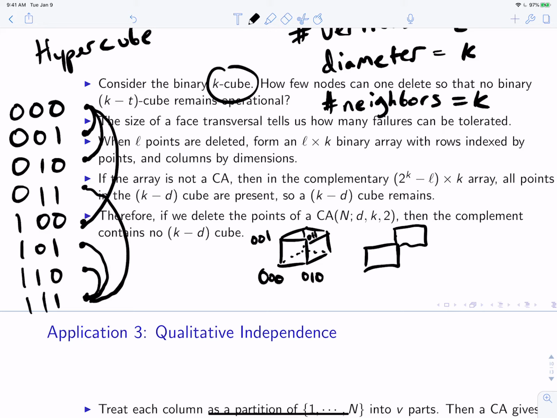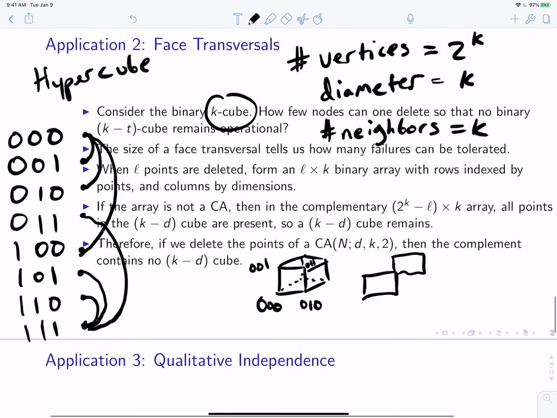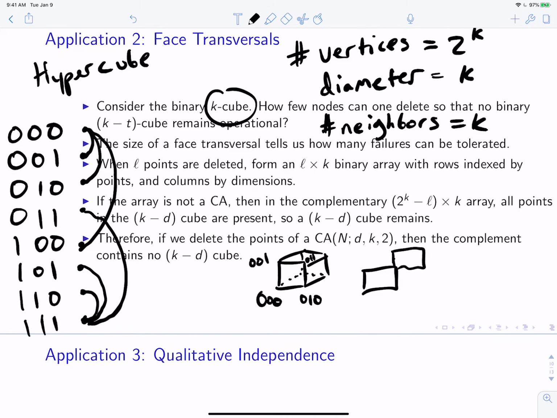So what people wanted to figure out is how many vertices can I delete so that I still have an operational cube of a certain size. So like for the 3 cube that we did down here, if we delete one vertex, we still have 4 vertices in a cube working together.